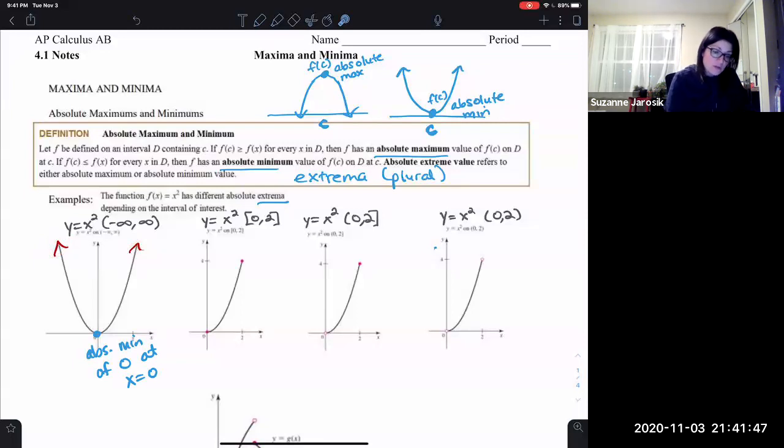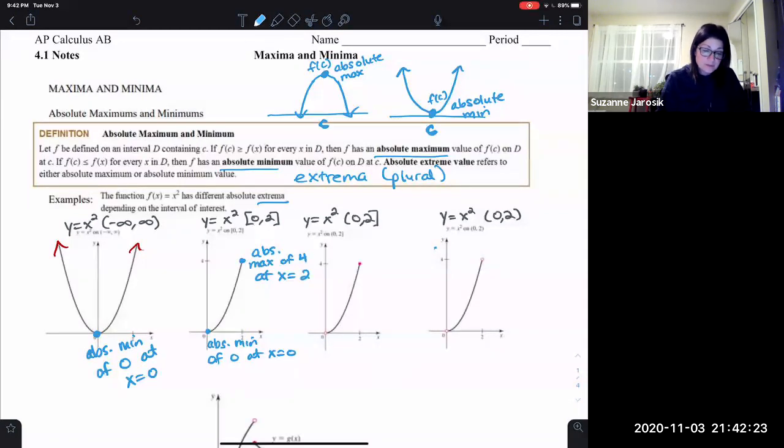Okay, so let's take y equals x squared on the closed interval 0 to 2, or inclusive, right? 0 is included, 2 is included. Well, we have both an absolute min and a max. This is an absolute min of 0 at x equals 0. This is an absolute max of 4 at x equals 2.